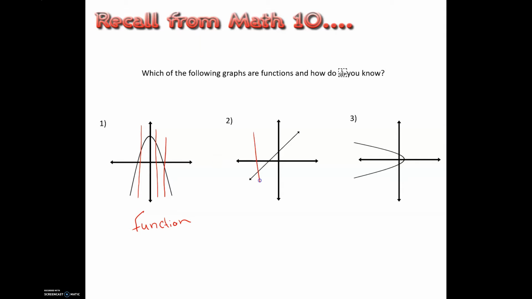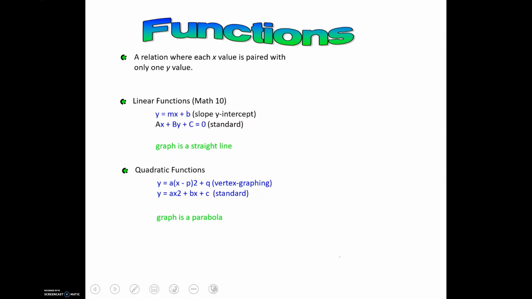So 1 is a function, 2 is a function, 3, I go through once, twice, not a function. So functions are a relation where each x value is paired with only one y value.